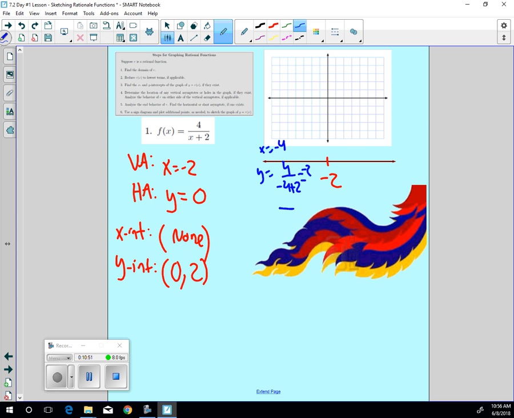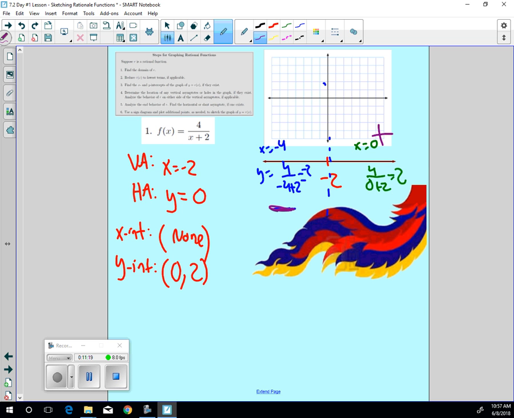So this is going to be negative down here. A vertical asymptote there. And then I'm going to check out a positive value. Greater than this, let's let x equal to 0. So 4 over 0 plus 2 is going to be 2. That's plus.